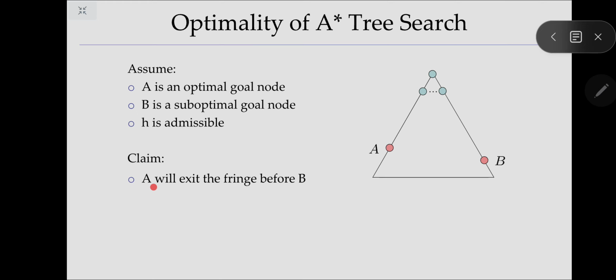That means we can rapidly find the optimal solution.